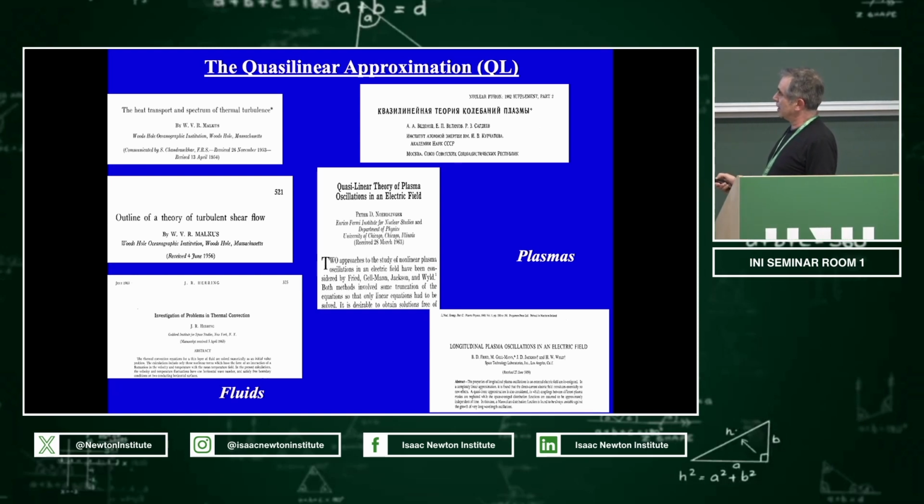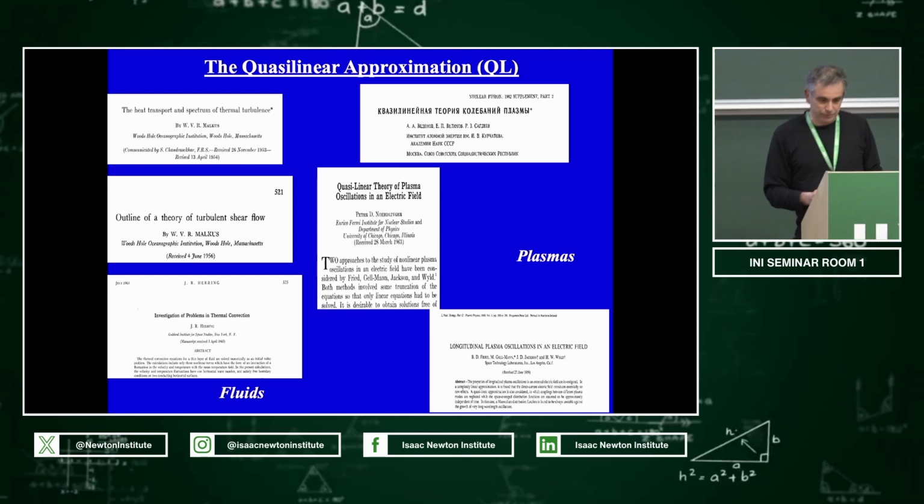And they say that they're generalizing some work done by Fried, Gelman, Jackson, and Wild, and this one goes back to 1959. So again here, the quasilinear approximation is also considered. So that's kind of interesting, I think.